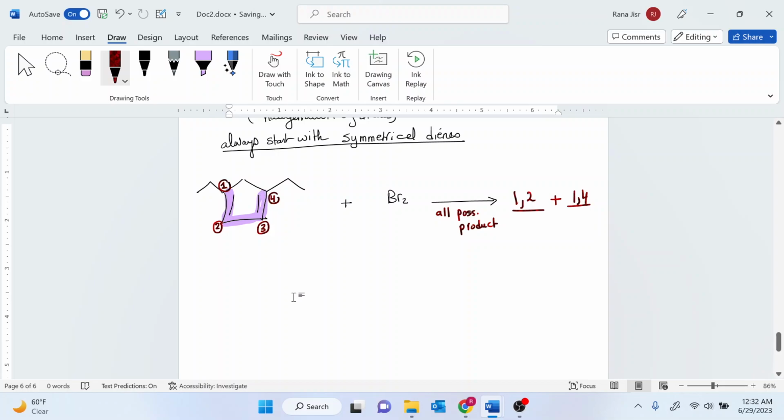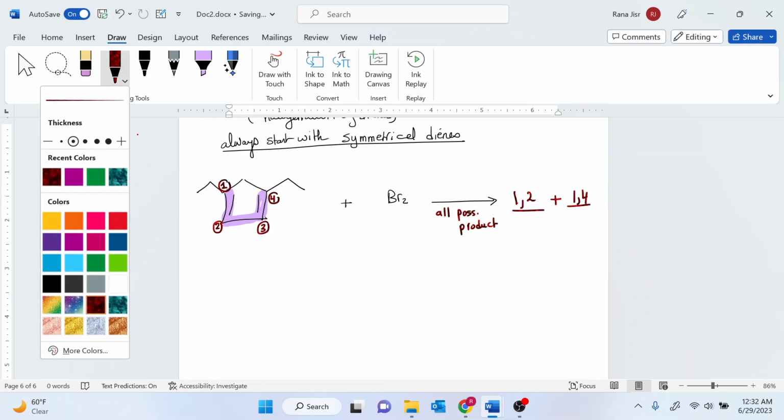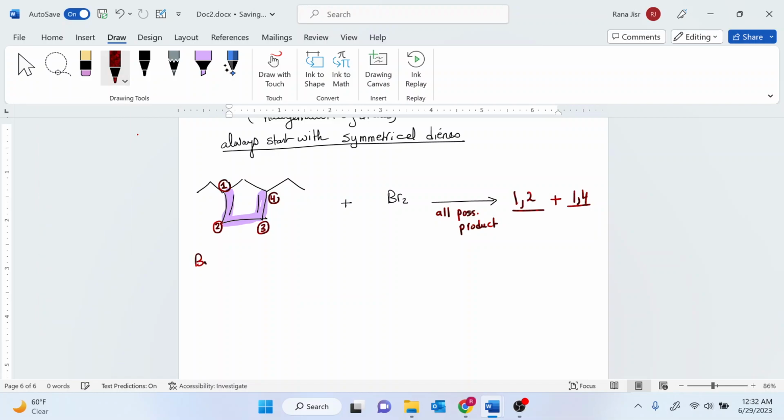It's the same. So now I'm going to start by reacting this with a bromine. Remember in organic 1 when we did a reaction of alkenes with a bromine and we created a cyclic bromonium ion? This is exactly the same. So bromine is nonpolar.